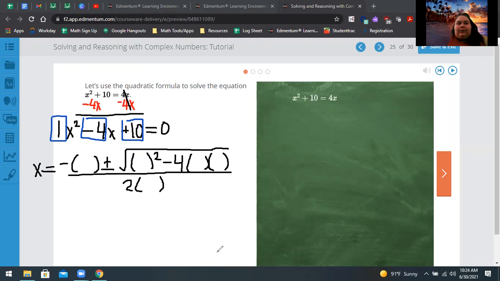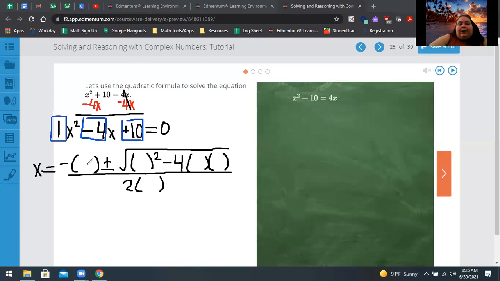It's good to do this before I go over it, because it's just a form of self-check: okay, I do understand this material. So don't forget to pause the video and try to work on it on your own. I'm going to get started by plugging it in.